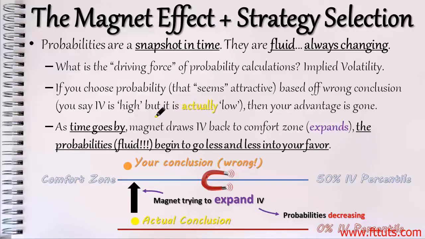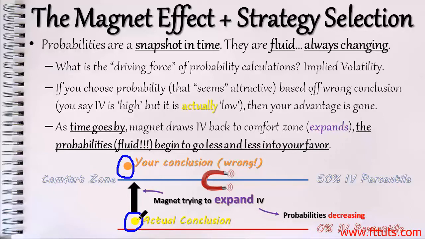Again, probabilities are actually low, so your conclusion is up here. That's not right, but you're going to choose strategies based off that conclusion. Because that conclusion is wrong, things have flipped around, because the proper conclusion is down here. So what's the problem?